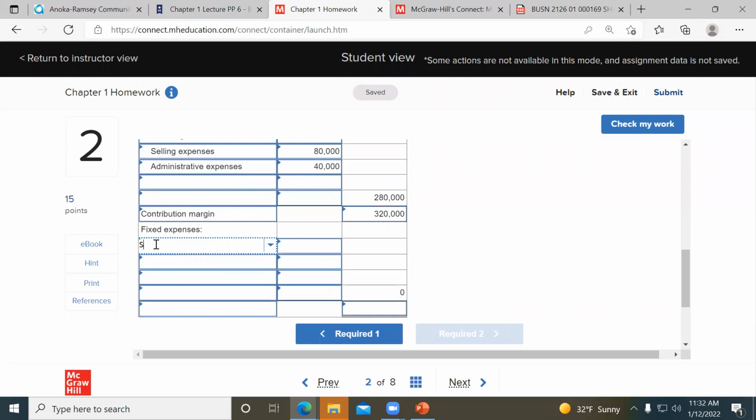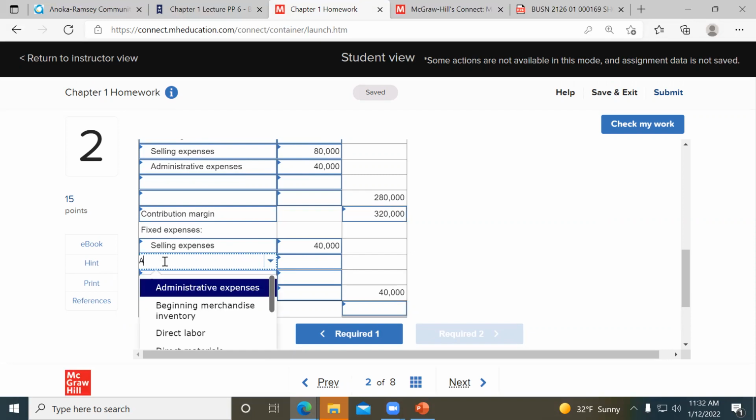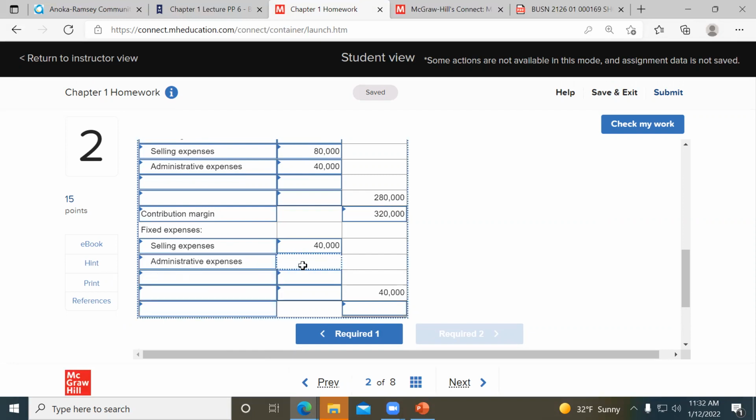And then our fixed selling expenses and administrative of 30, giving $250.